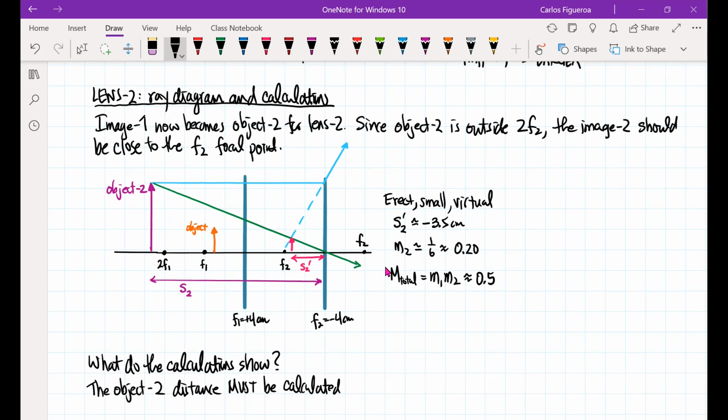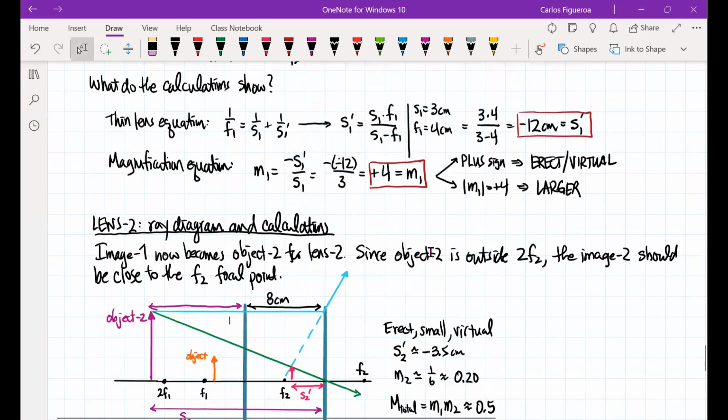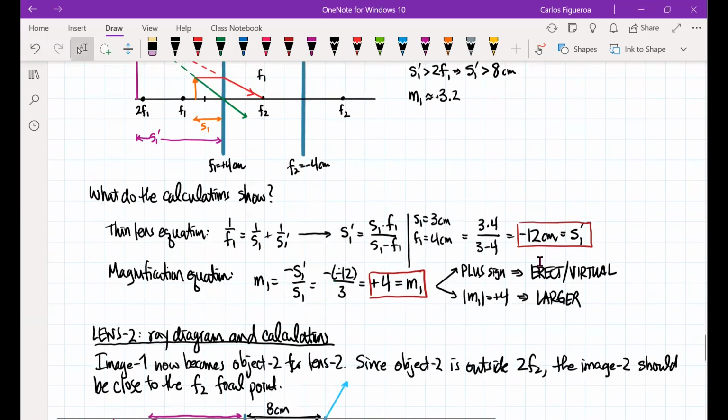So now let's look. The lenses are separated by 8 centimeters. But then object 2 here, or the image of the first lens, well, that's just the image of lens 1, but that's 12 centimeters.